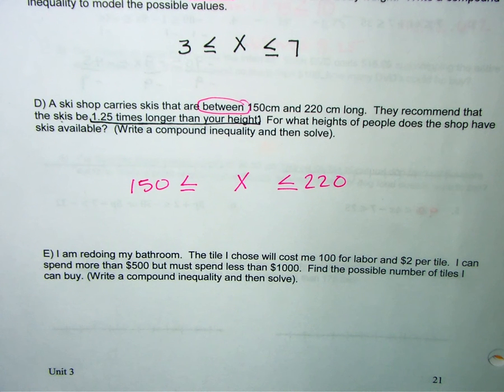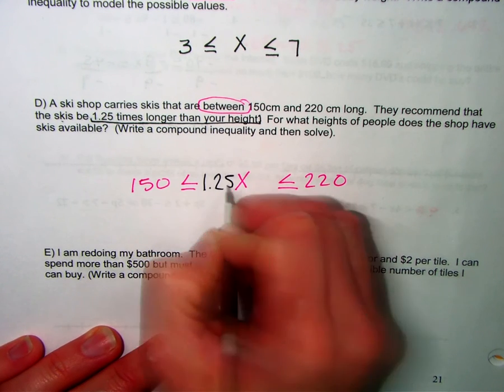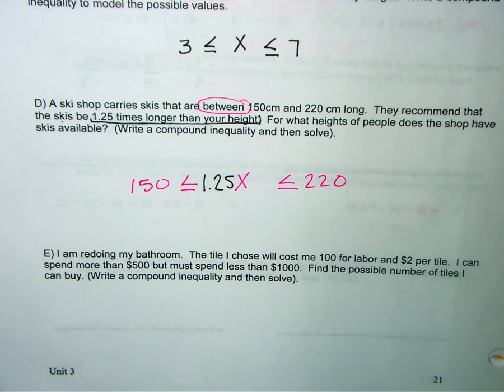So what you have to do is 1.25 times. Times what? X. Times the x, right? That makes sense. So in the middle here, we're going to go 1.25x, and there's your equation. So the ones that are actually going to be on the test are going to have something more in the middle than just x. Okay?